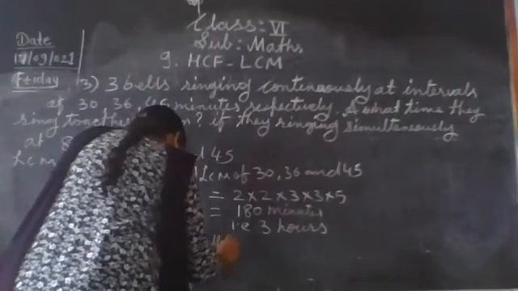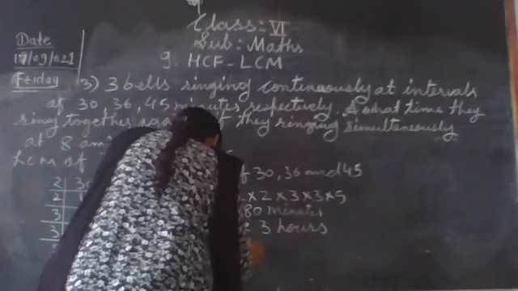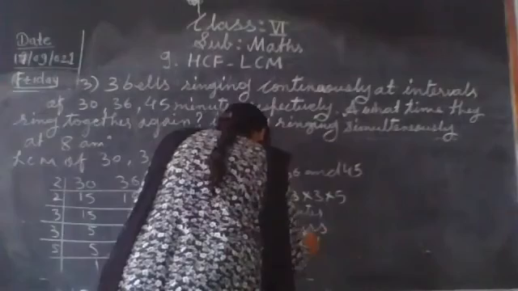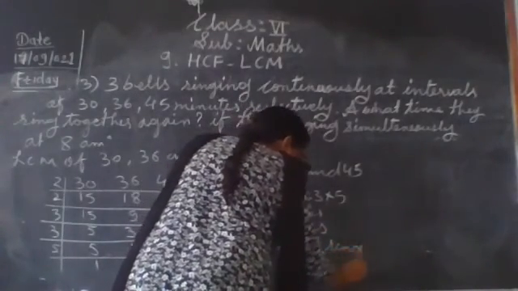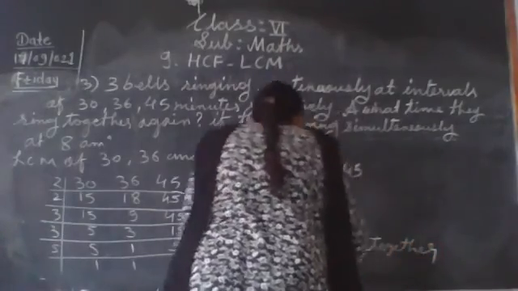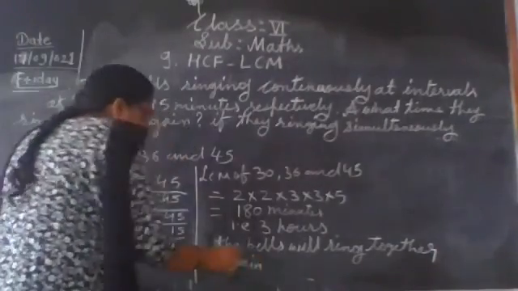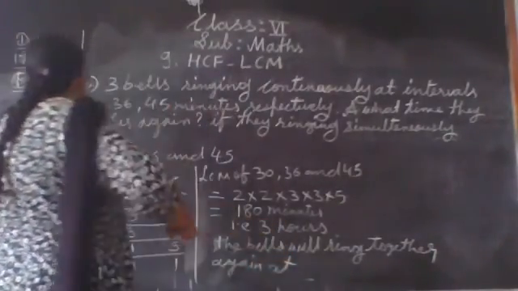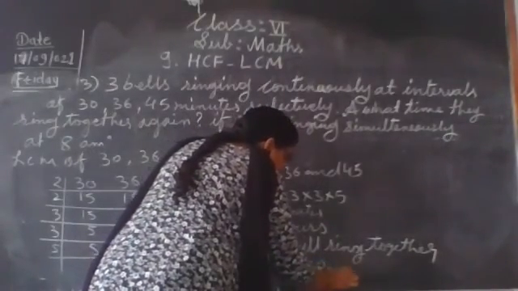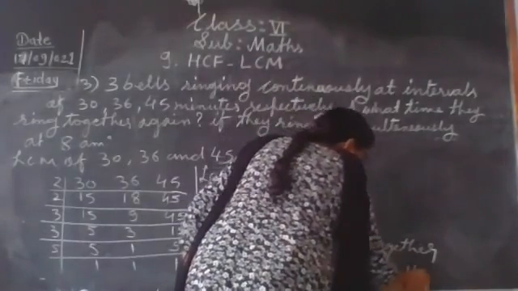Therefore, the bells ring together again at 8 a.m. plus 3 hours, which is equal to 11 a.m.